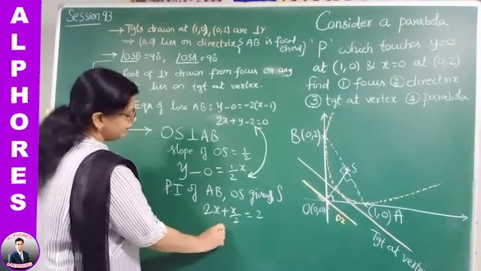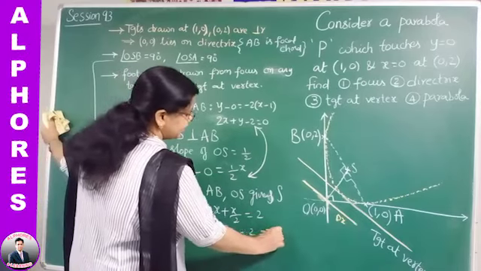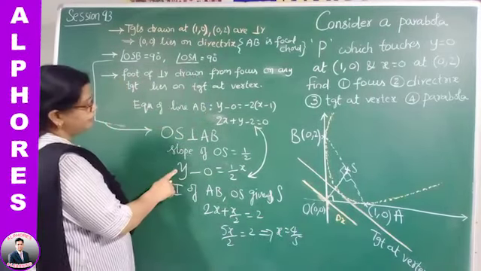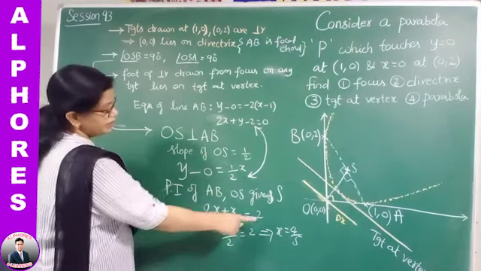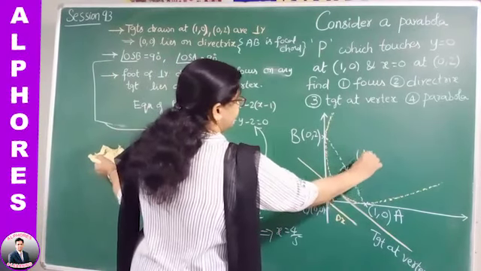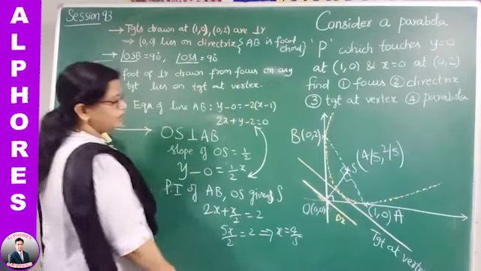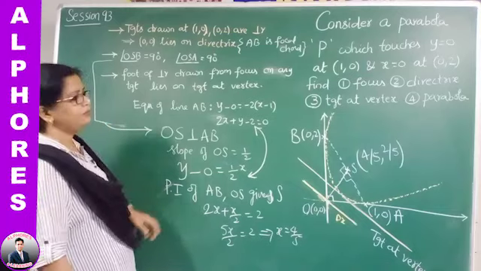That implies 5x divided by 2 equals 2, which implies x equals 4 by 5. Once x is 4 by 5, y is x by 2, so the y value is 2 by 5. Therefore, the coordinates are 4 by 5 comma 2 by 5, right? And this is what you got, students, as the coordinates of the focus.